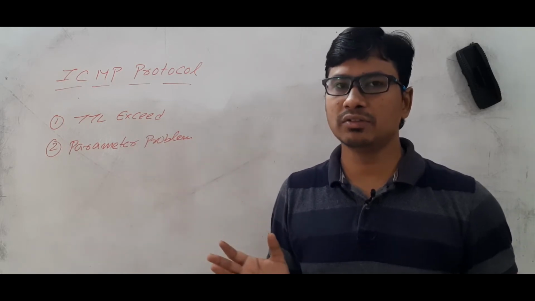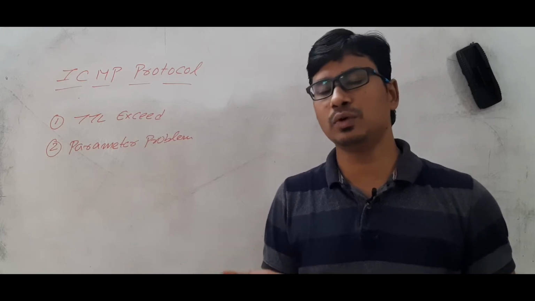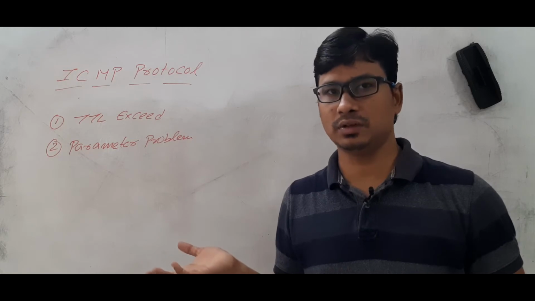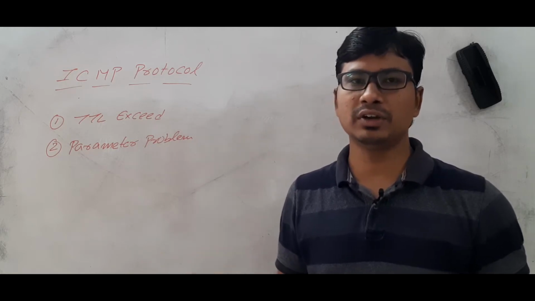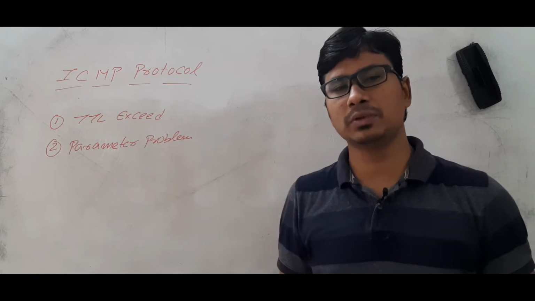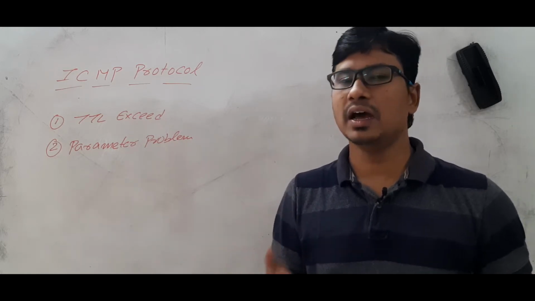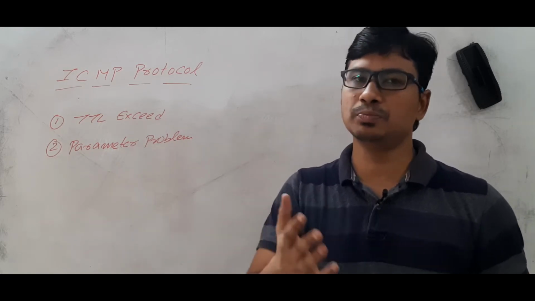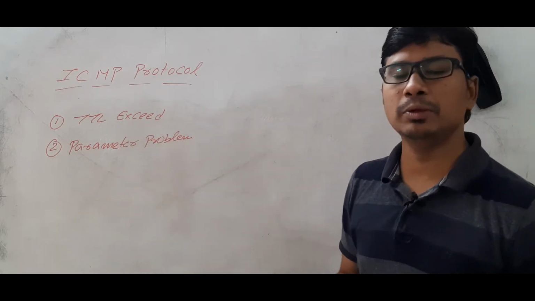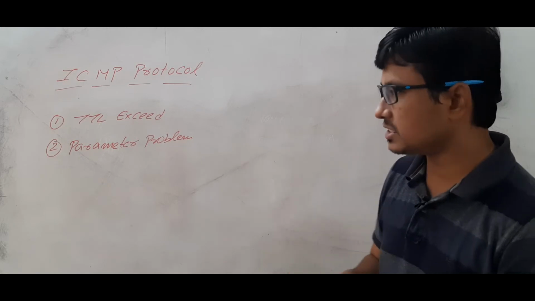Then what will the router do? Because you said not to fragment this packet, the router cannot fragment the packet and send it to the receiver. Then the router will generate an ICMP packet saying that because you kept the don't fragment value as 1, I could not fragment, so please modify it yourself. So even that feedback will be provided with the help of ICMP.